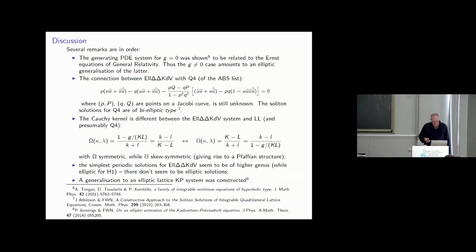Now, this Q4 equation was first discovered by Sasha Adler in 1997, I think, as the permutability condition for the Bäcklund transforms of the Krichever-Novikov equation. The Krichever-Novikov equation is a continuous analog of KdV, which also has an elliptic curve in it.